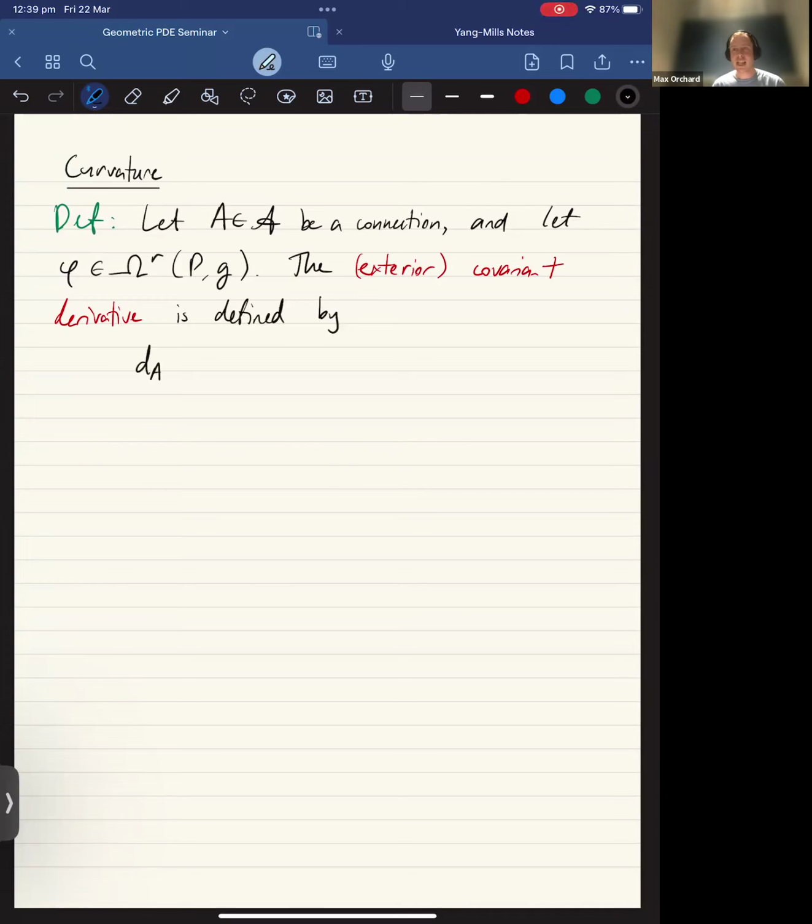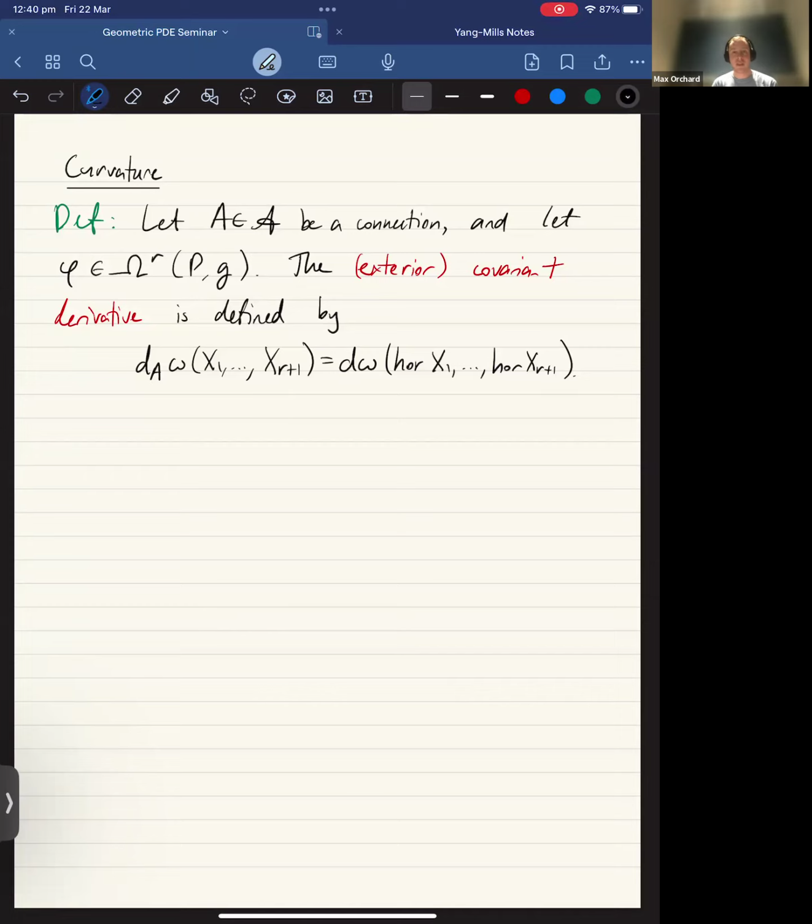It's denoted by D sub A, and this would go from r forms up to r plus 1 forms. This is simply the exterior derivative of phi, but we're only going to be evaluating in the horizontal direction. So essentially, what this is saying is, how does this form phi change in the horizontal direction?